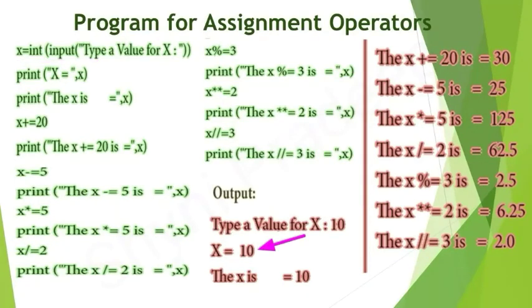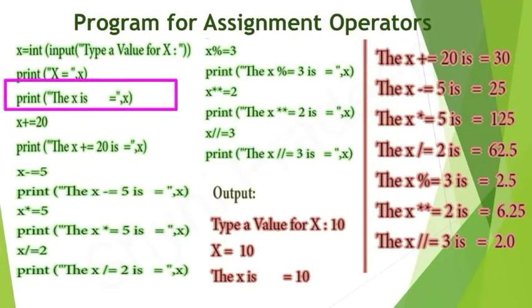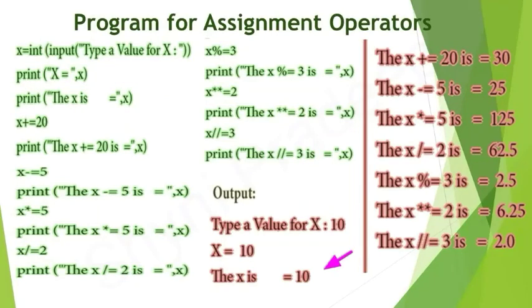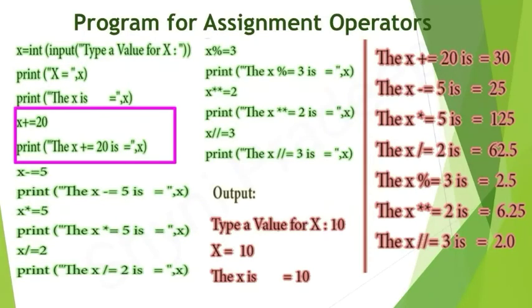10. And next, print X is equal to, what is the value of X? 10. So here X is equal to 10, and the result is 10. Next, X plus equal to 20. Print X plus is equal to 20 is. So what is the result? Evaluate this expression. How will you evaluate?